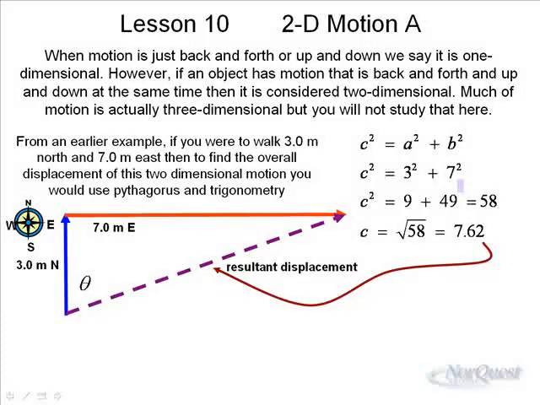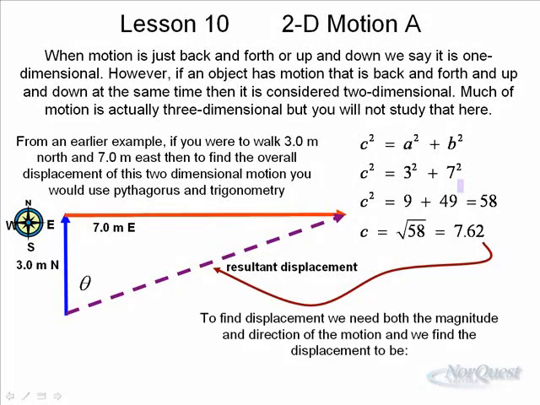But also we need the magnitude and the direction of the motion. And so to find that angle, we use some basic trigonometry. Usually the sine, cosine, or tan will suffice. And so, in this case, the tangent of theta is equal to the opposite over adjacent, 7 over 3, 2.33. When you go inverse tan, you get 66.8 degrees.